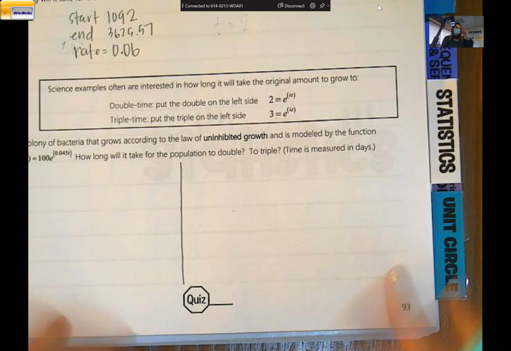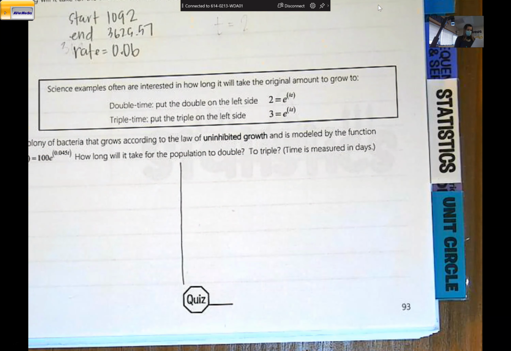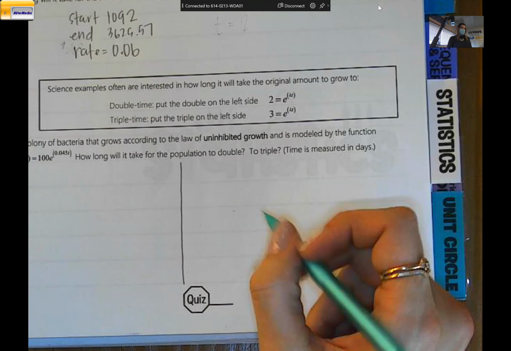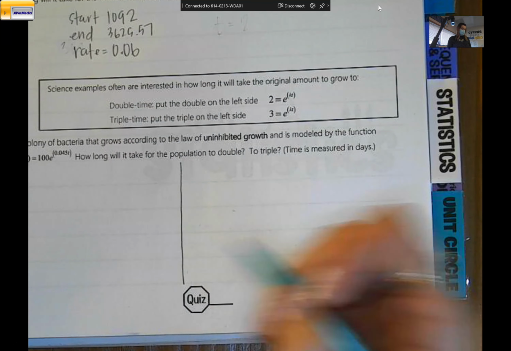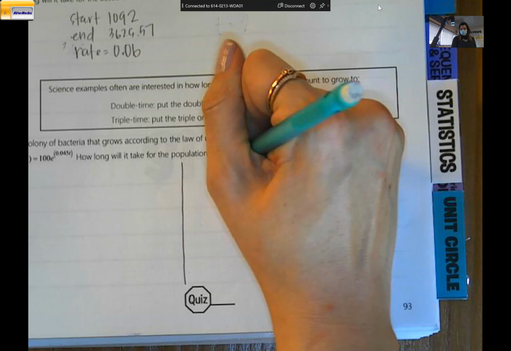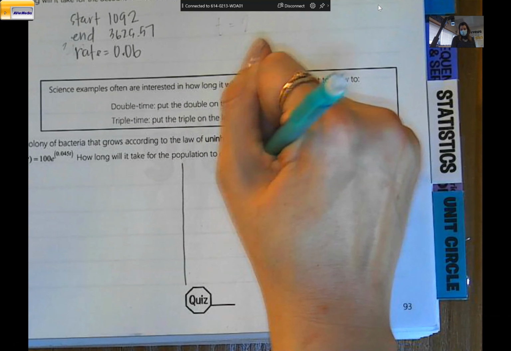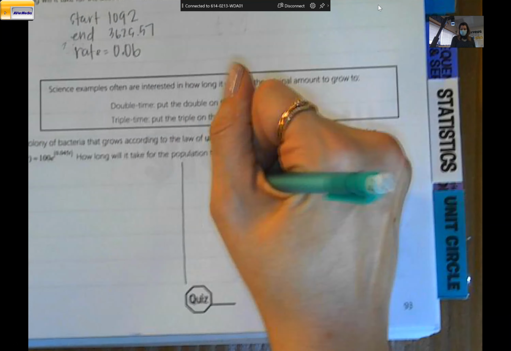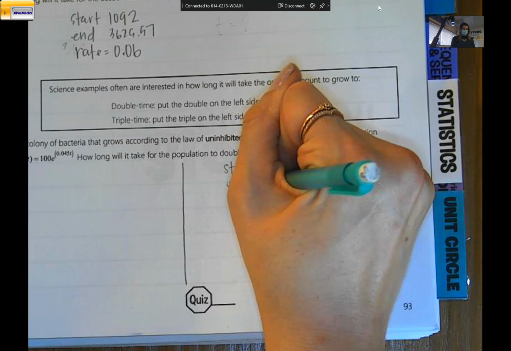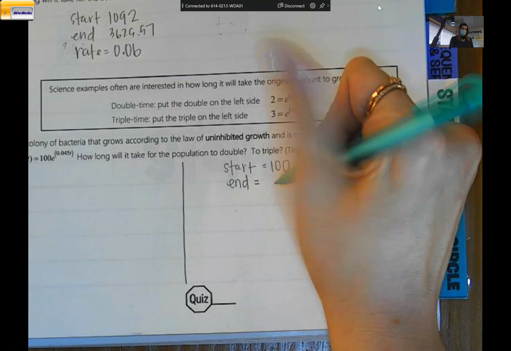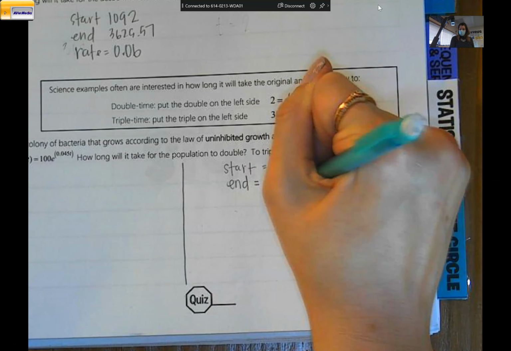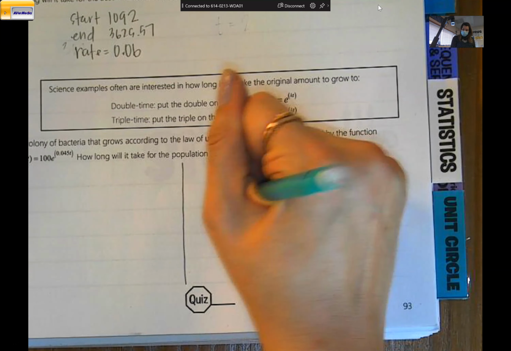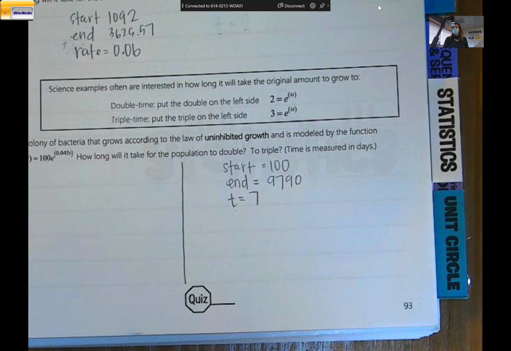Okay, let's look at the one that I thought that I had. So, there is a bacteria that is growing, and its start amount is 100. Its end amount is 9790, and T is 7 minutes.